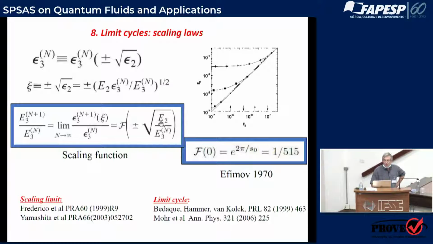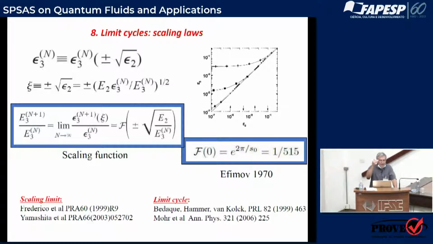If epsilon 2 is equal to 0, I know this is just the Efimov factor. But when you move that, what will happen? If I start to compute that and make n big, this converges to a limit cycle. So this is the limit cycle of the observable.